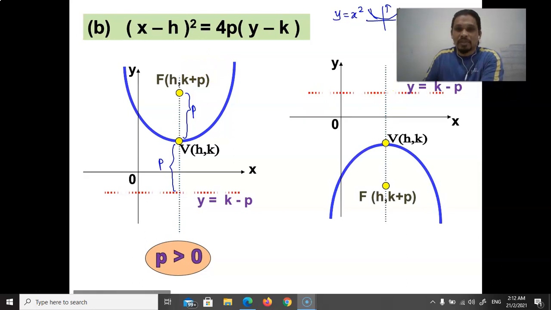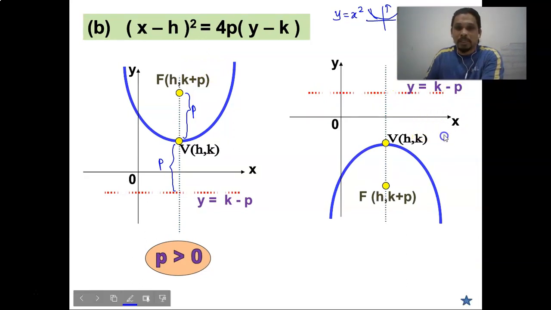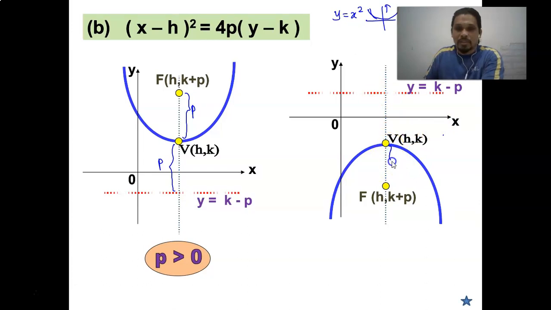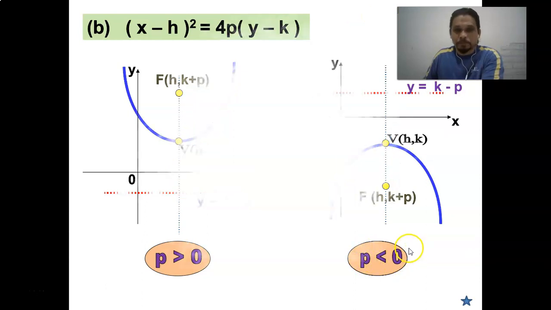And what about this one here? Again the distance from v to the focus is p, and the distance from the directrix line to v is also p. For this one, p is less than 0.